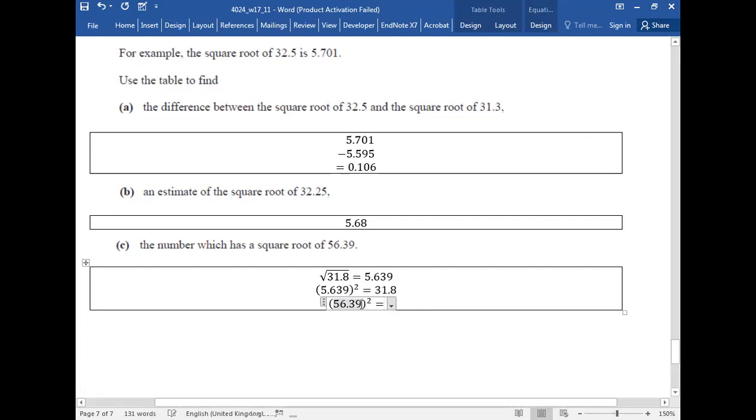Can I break this down this way? 5.639 into 10. Can I do this or not, class? Look at 56.39 again. First be clear about it. This is what the question is asking.